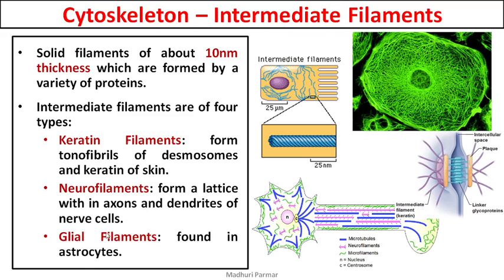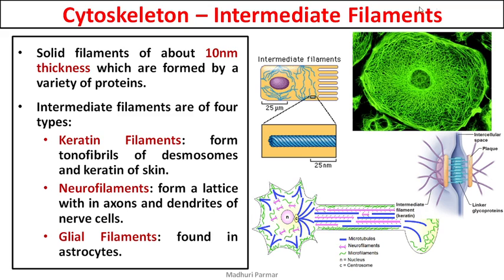The same kind of intermediate filaments are seen as glial filaments. So glial cells or astrocytes, which you must have studied in the nervous system chapter. Astrocytes are supporting cells present inside the brain and spinal cord. So they also have intermediate filaments. Clear? If you see in a cell, where is this intermediate filament present?